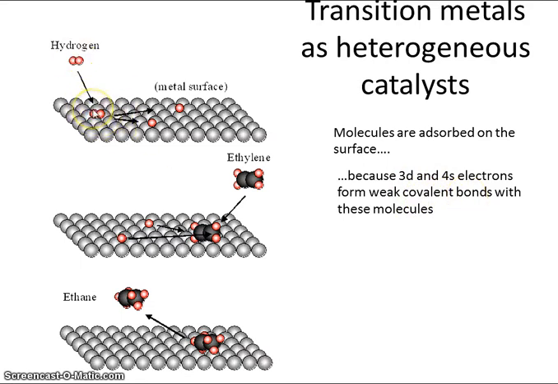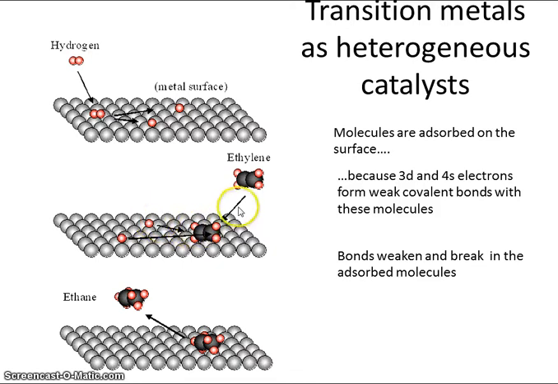Now, if that bond forms, it provides the energy to break the covalent bonds in the reacting molecules. You can see here that the hydrogen gas splits up into individual hydrogen atoms. So bonds weaken and break in the adsorbed molecules. Now, once those bonds have weakened and broken, you can imagine other molecules that are adsorbed on the surface may be able to bond to those separate atoms now.